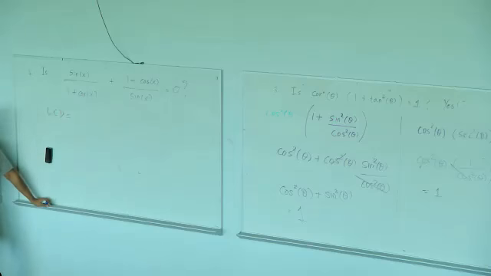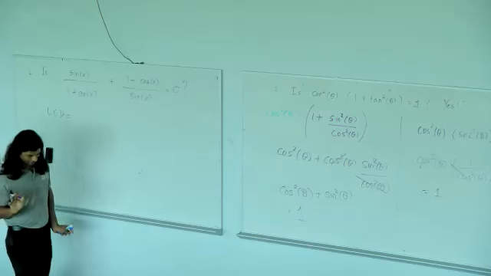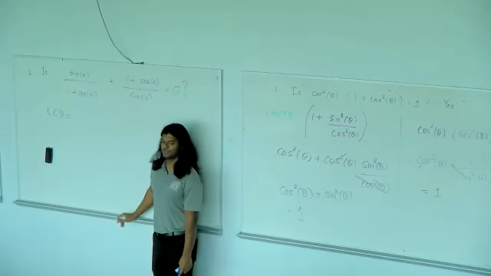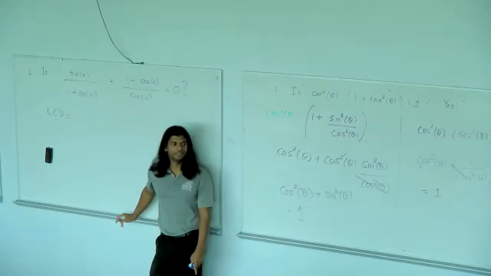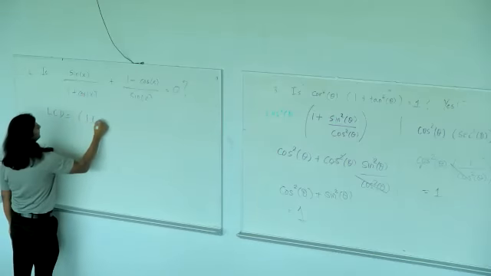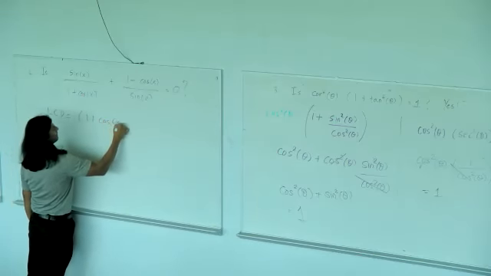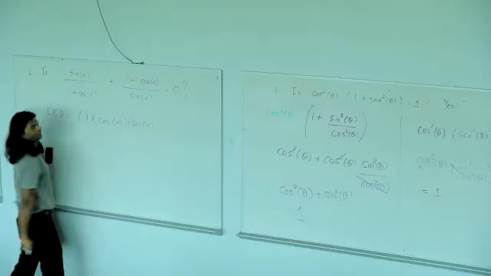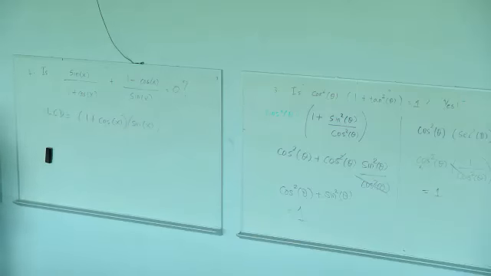I'm not sure if your algebra professor mentioned it. If you have nothing in common, the least common denominator is simply the product of the denominators. So there's nothing in common, so that is the least common denominator.